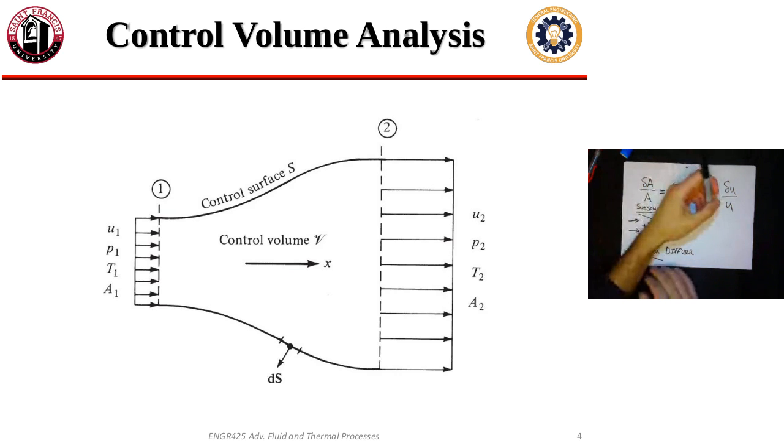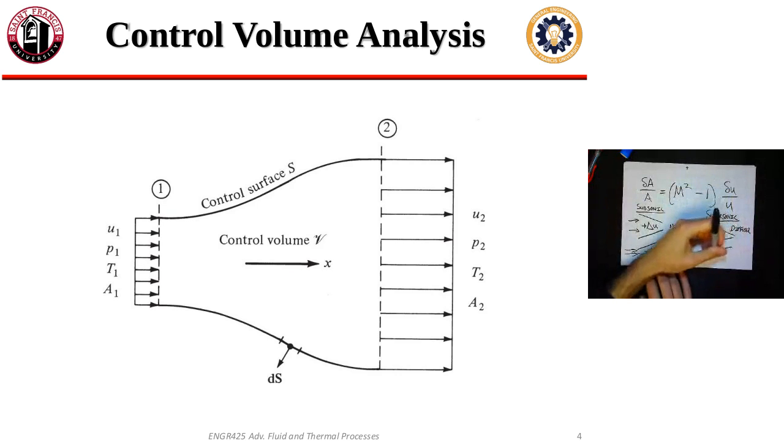In supersonic flow, those two roles are reversed. So a converging duct is a supersonic diffuser, and a diverging duct is a supersonic nozzle.